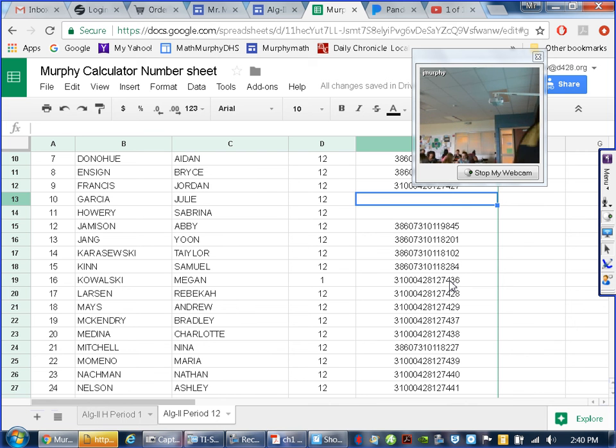Number 12. Good job. Do the one with the barcode on the back in case you do the different numbers. Oh, they're both the same. Oh, sorry. I'm kidding.